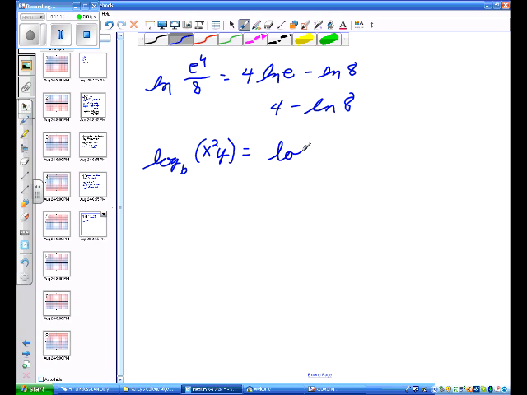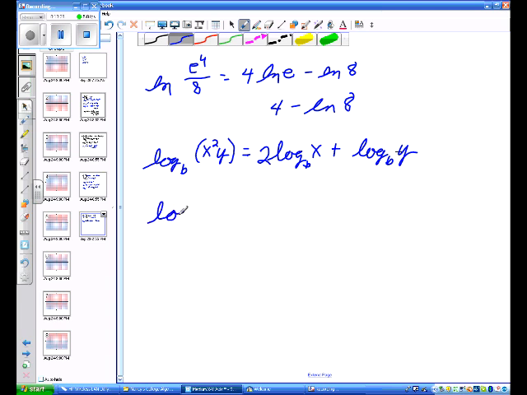So this would be log base b of x, but we don't want to put an exponent, x squared, so that's the log of a power, so that's the power times the log, plus log base b of y. So we had the log of a product, that's equal to the sum of the individual logs. Here we had the log of a power, so that's the power times the log.